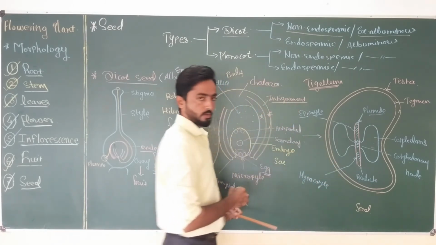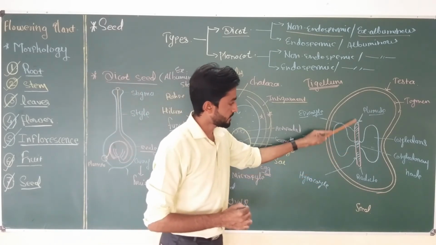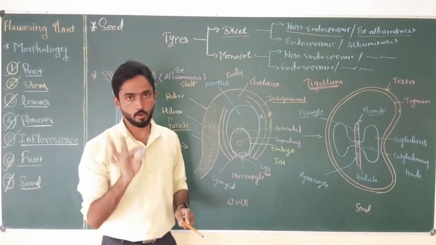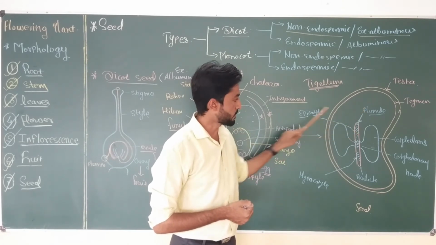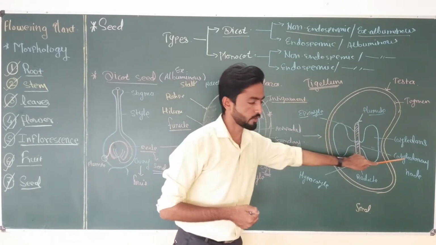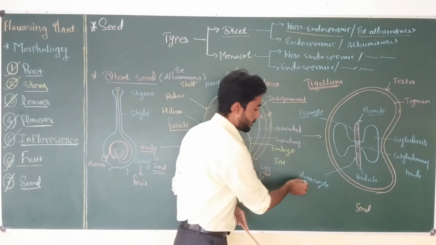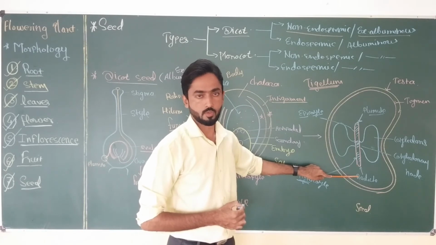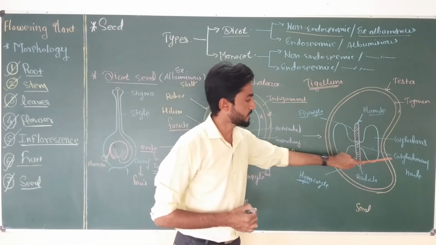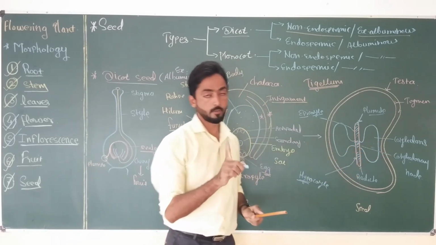Okay, so the embryonal axis shows 5 different points. Number one, plumule towards the chalazal end, epicotyl, then cotyledonary node, hypocotyl, hypo means below, cotyle means cotyledon, and radicle. Okay, and cotyledons are attached to the cotyledonary node.